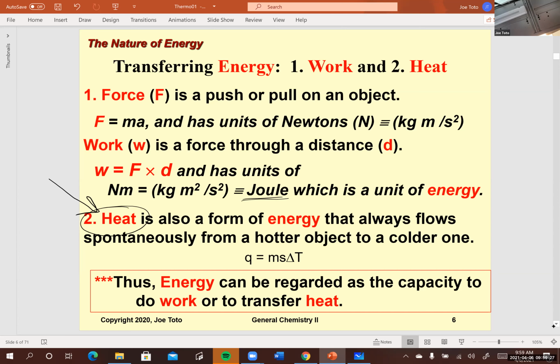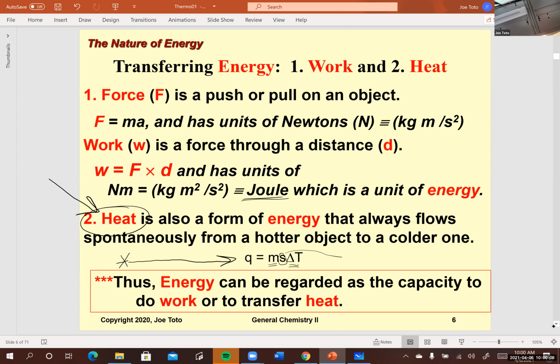And you may have seen an equation like this for calculating the amount of heat that's transferred in this situation where you have a hot body connected to a cooler body. So that amount of heat, Q, is measured from the mass of that object and the change in temperature that it experiences, multiplied by this proportionality factor, which we give the symbol S, or specific heat.